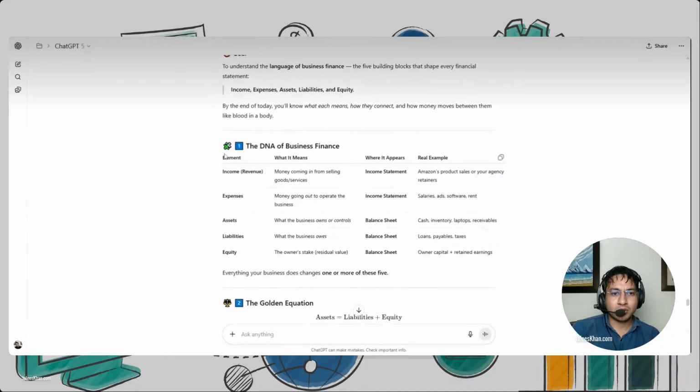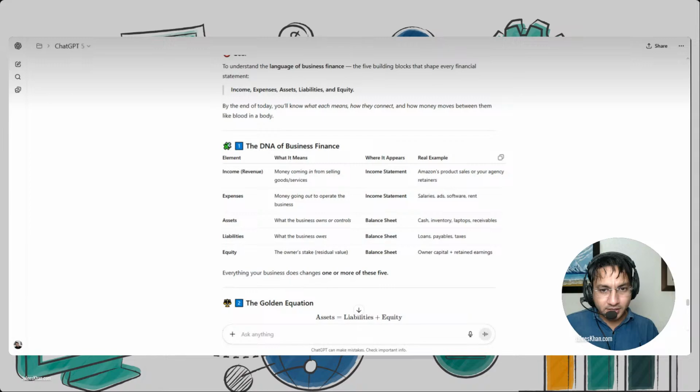Okay, so the DNA of business finance. Income: money coming in from selling goods or services, like Amazon's product sales or agency retainers, what I get for my work. Expenses: money going out to operate the business.